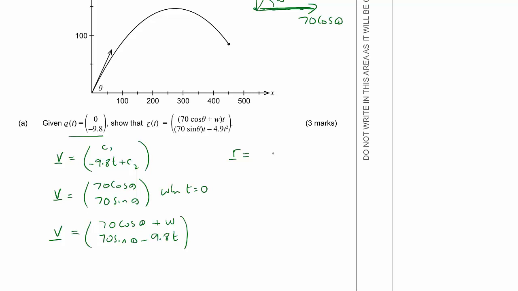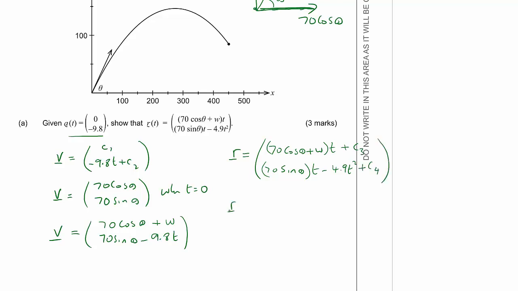Now to get to r, we just need to integrate again. So we're going to get 70 cos theta plus w times t here, and on the bottom we'll get 70 sine theta times t, take away 4.9 t squared, and of course once again we need constants.